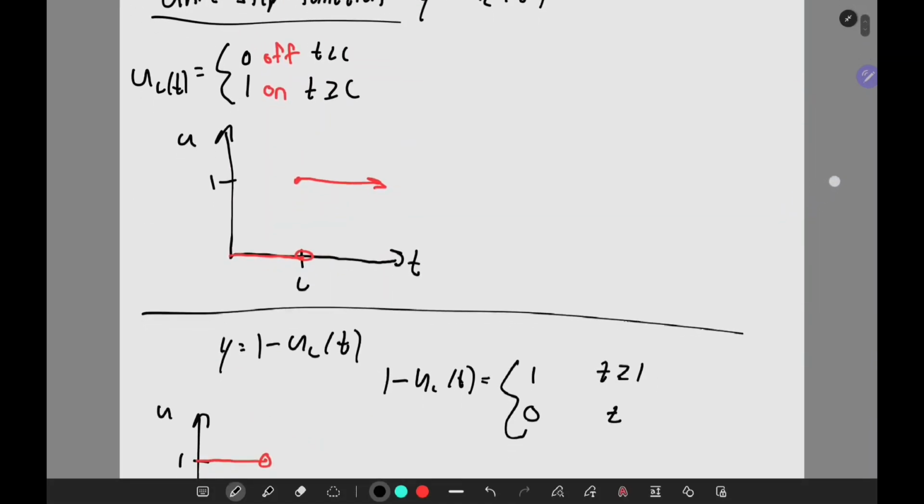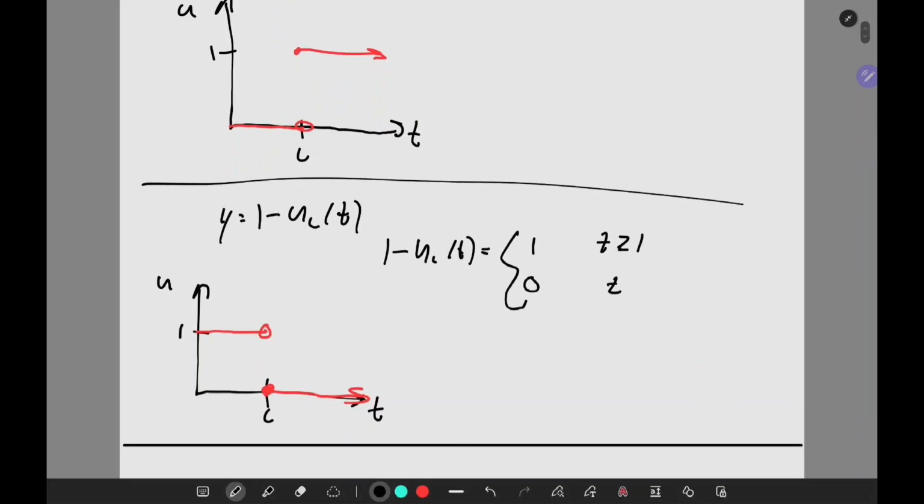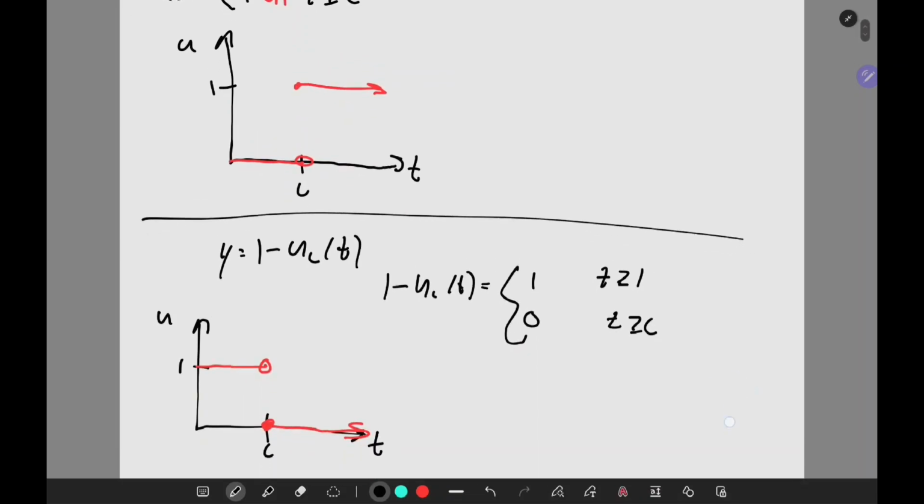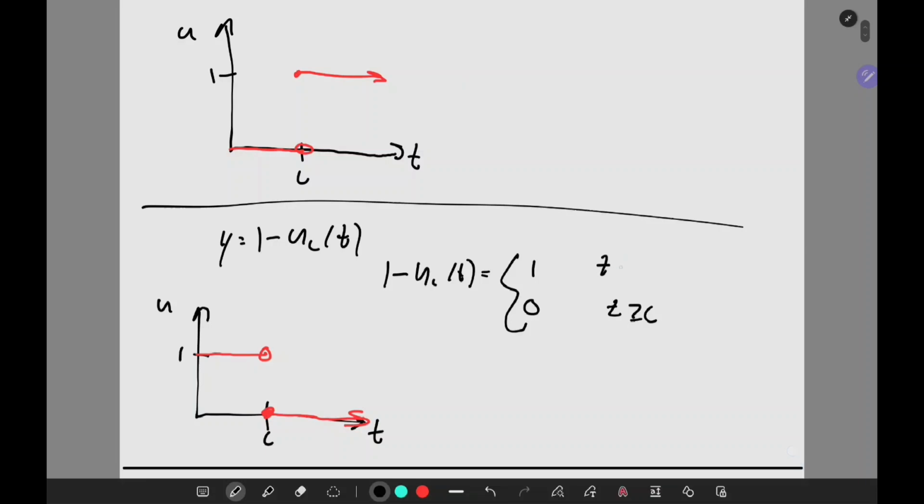I'm having a brain fart here. When t is greater than c, yes. Whew. Wait, where am I getting that from? No. This is when t is less than c.